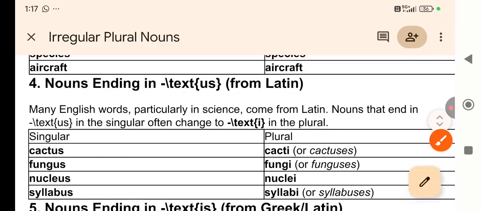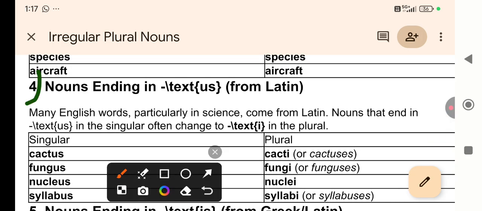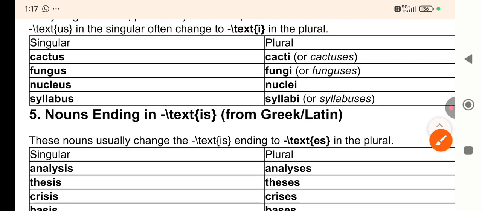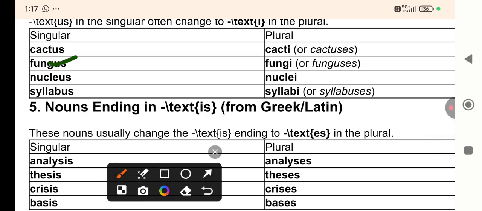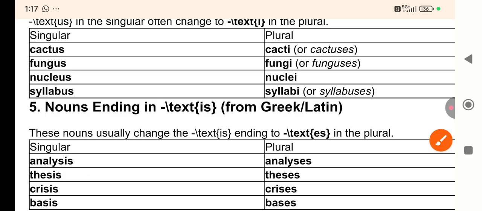Now the fourth rule is nouns ending in us. This is very important. Cactus, cacti, fungus, fungi, right? Here, cactus, cacti, words ending in us become i.